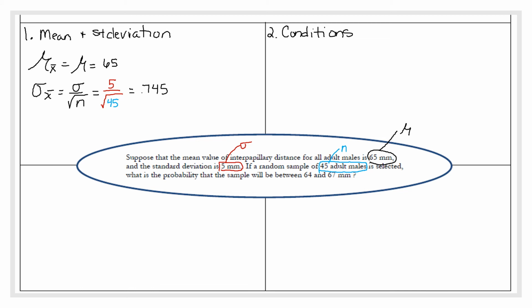So that means by the central limit theorem, this is going to be approximately normal. So what we're going to say is, since n is greater than 30, right? n was 45, so it is greater than 30.